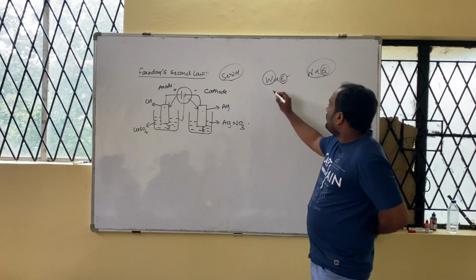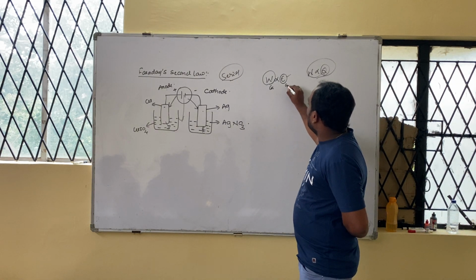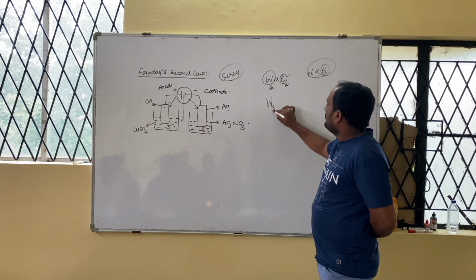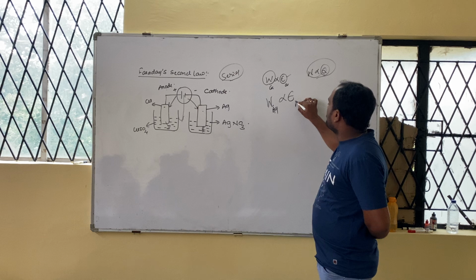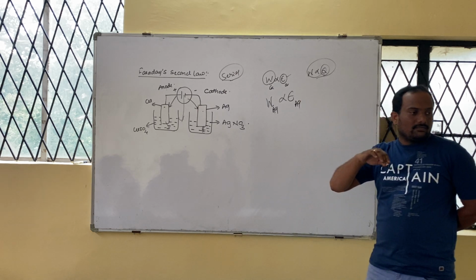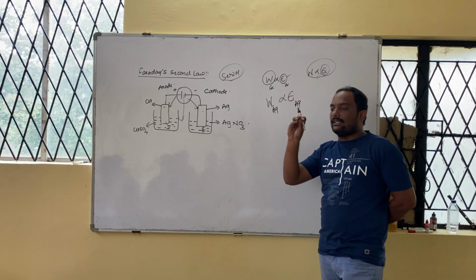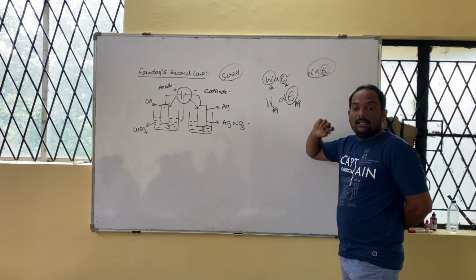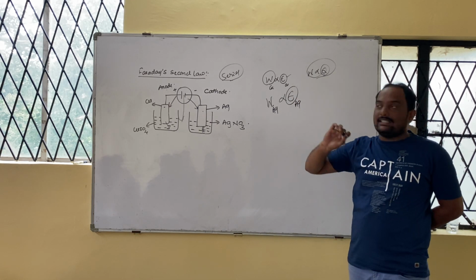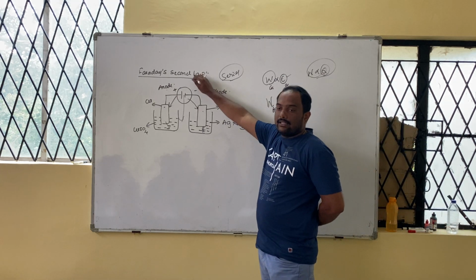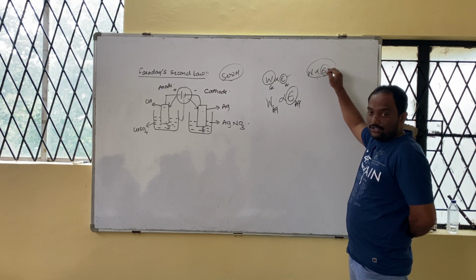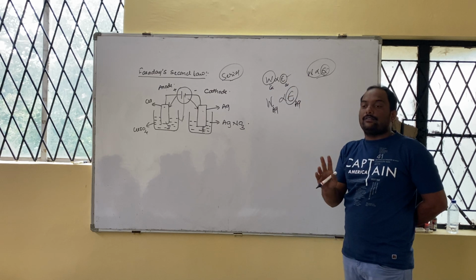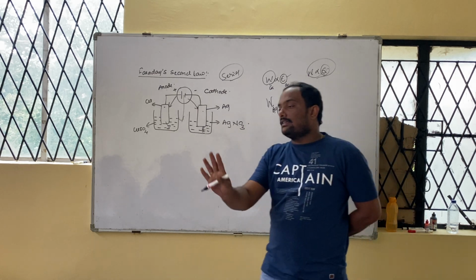For example, W of copper is equal to E of copper, and W of silver is equal to E of silver. That is Faraday's second law. Yesterday W was directly proportional to Q; today W is directly proportional to E. That is the only difference between Faraday's first law and second law.